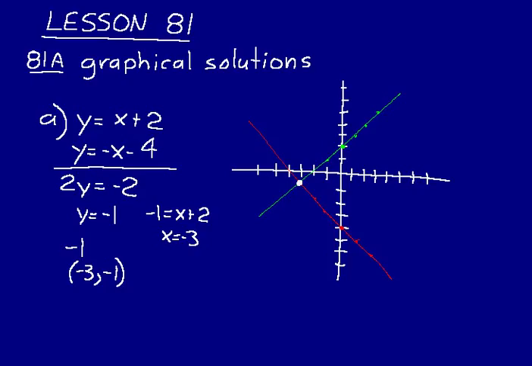But like what I'm doing here, I'm just putting some tick marks down. I don't have a ruler or anything to mark the distance between my tick marks, so they're not all exactly the same. And so that tends to make my intersection a little bit off from what it actually is. But that is close enough to tell us that -3, comma, -1 is the correct answer.